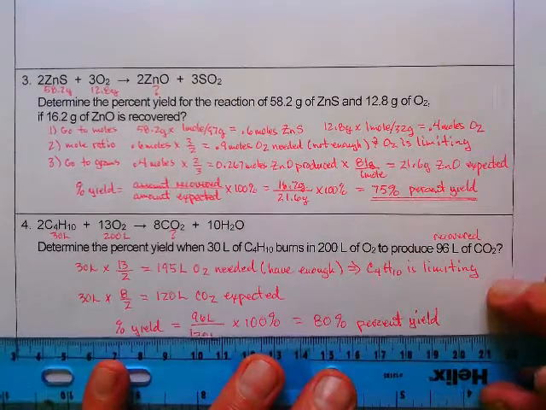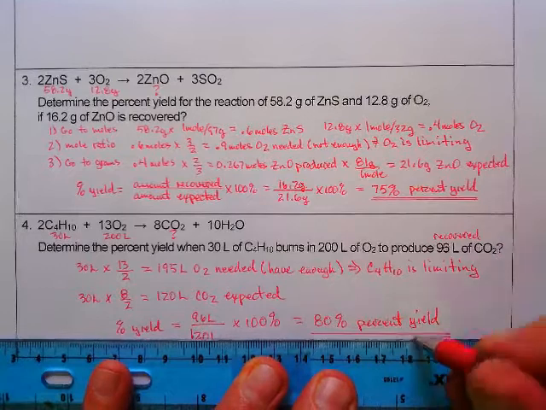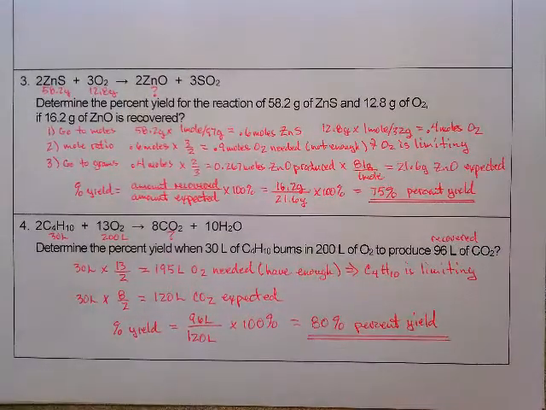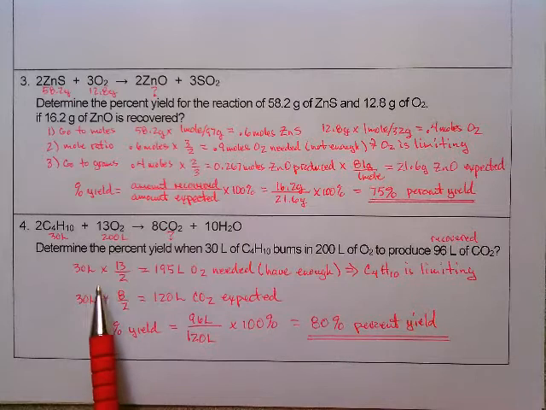So not quite as much work if everything is in liters. Likewise, if the problem had been moles to moles to moles, and I didn't have to go from grams or any kind of mixed units, the problem ends up being pretty quick, even to check which one's limiting, because they were both in liters. I could do kind of a volume type problem.